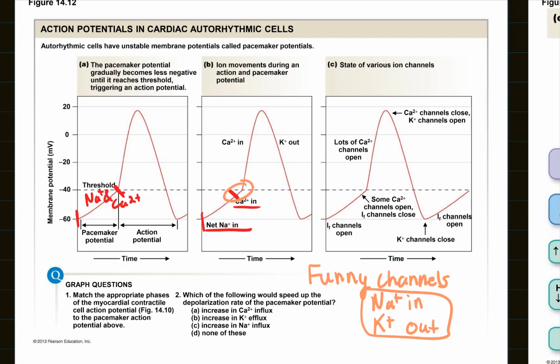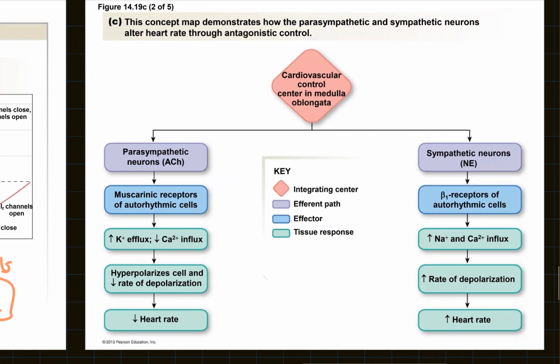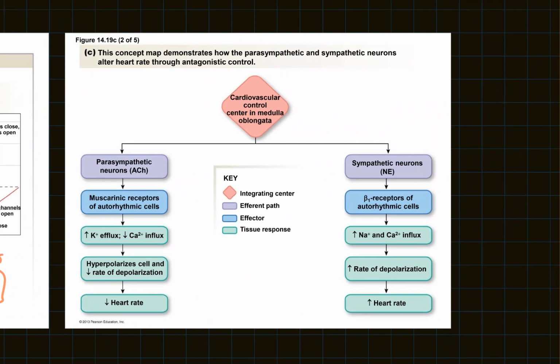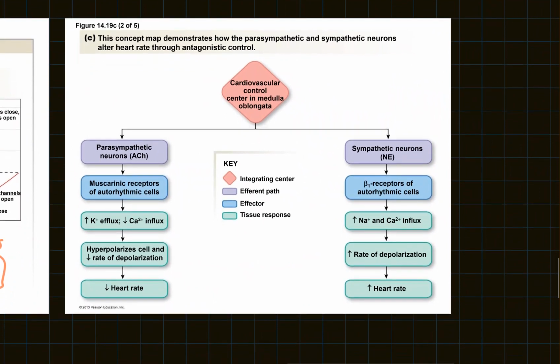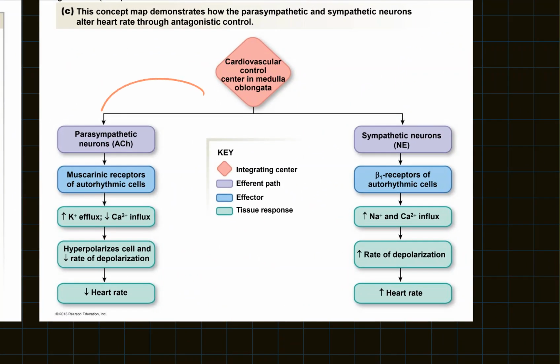Okay, so when we want to alter the heart rate through funny channels, we use our parasympathetic and sympathetic nervous systems. So here on this side we have parasympathetic, and on the right we have sympathetic. So we see that they target the autorhythmic cells. They both target the autorhythmic cells.